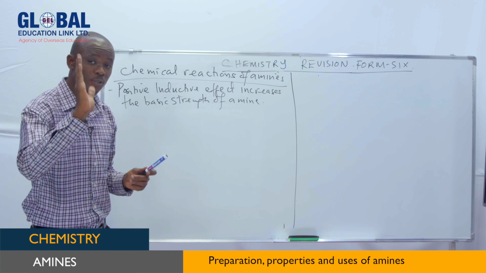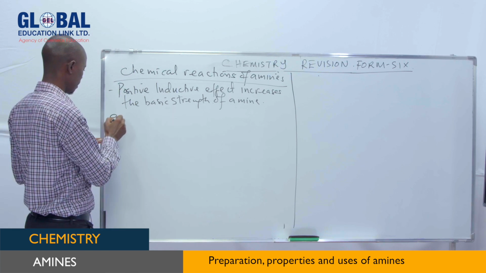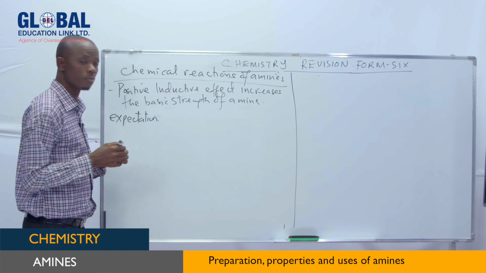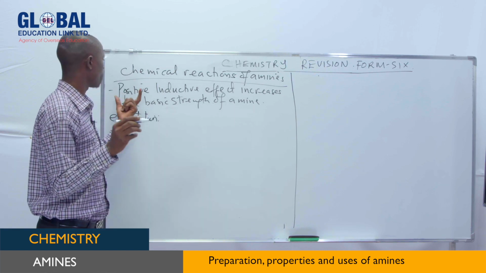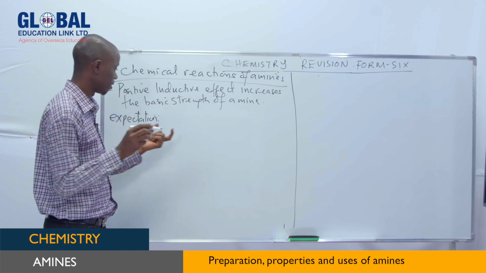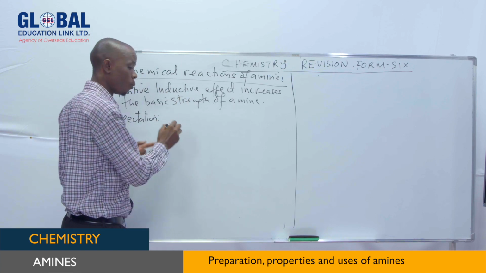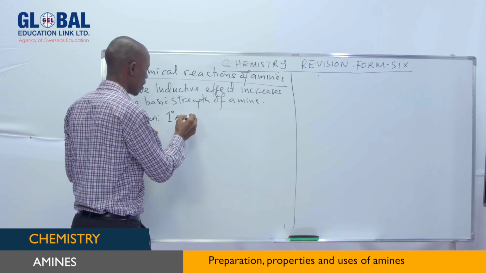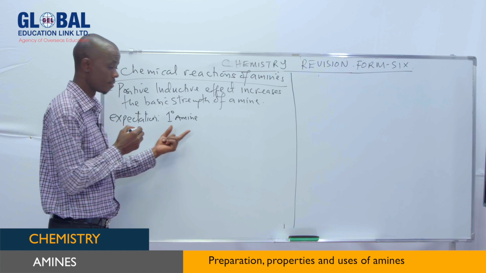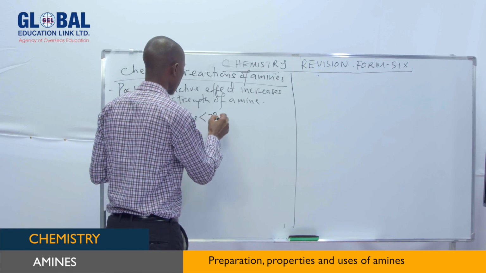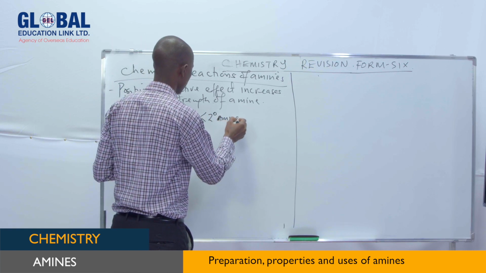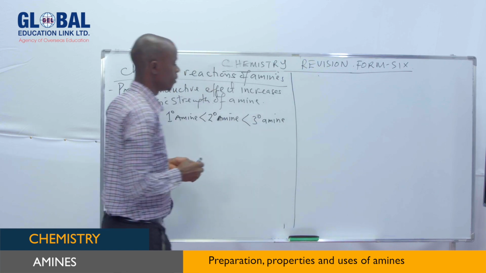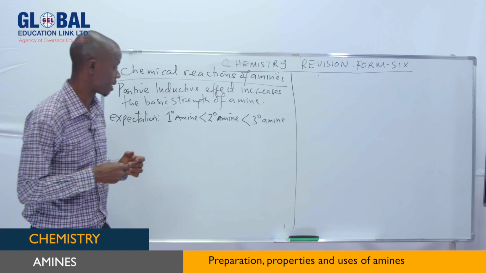Now, our expectation, as per the positive inductive effect, is this one. We are expecting the primary amine to be the weakest base, followed by secondary amine, then tertiary amine is expected to be the strongest base.